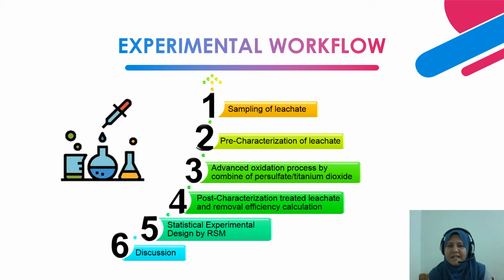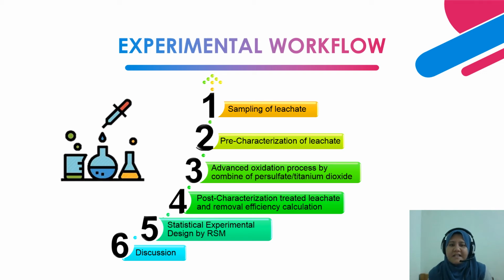composite design that will give the suggested desired values for all independent variables, which are the pH, reaction time, shaking speed and also the chemical dosage. Next is post-characterization, where I need to identify the final value for all the parameters after the oxidation process is completed, and then calculate the removal efficiency.